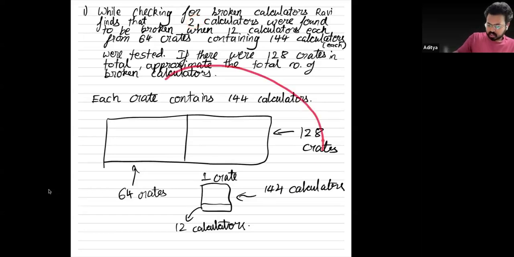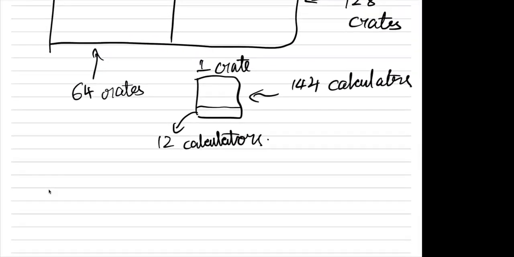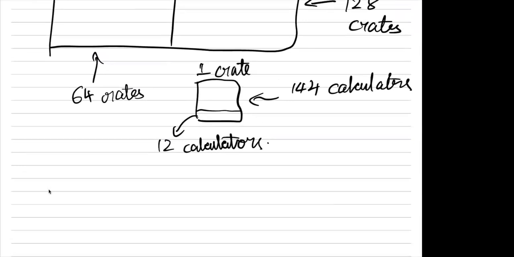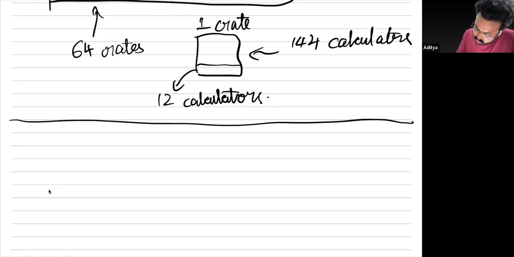Of all the total calculators that are tested, only 2 are found to be broken. You see how good a manufacturing company that is. Saurabh, correct. Ideally, it should be 0, correct? You don't want broken calculators when you go and buy. Saurabh, yeah, correct. So there are two ways to go about doing this question.